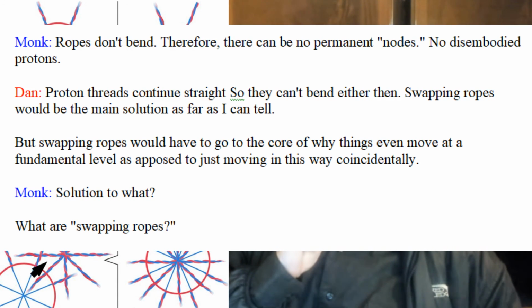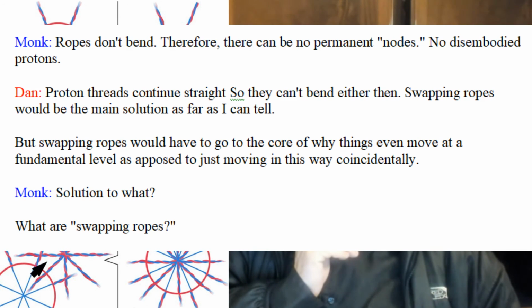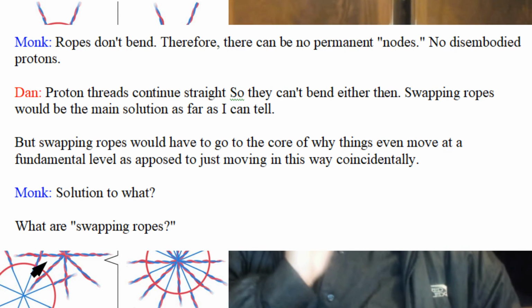Rope pass-through rope, what would keep that neutron within the electron shell? Rope pass-through rope. Well, yeah, but keep in mind, Martin.